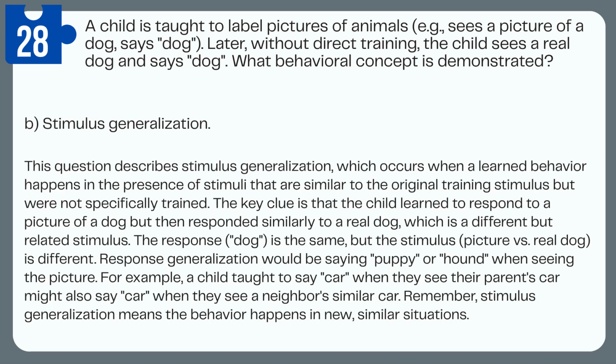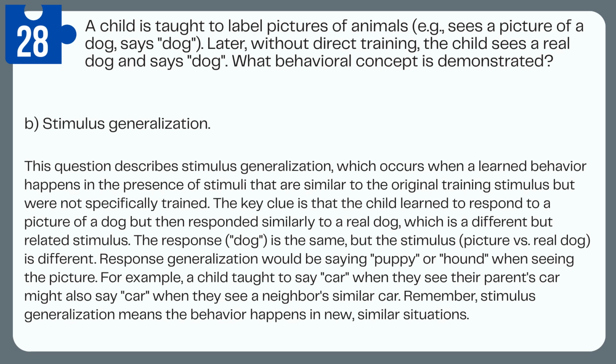Answer. B. Stimulus generalization. This question describes stimulus generalization, which occurs when a learned behavior happens in the presence of stimuli that are similar to the original training stimulus but were not specifically trained. The key clue is that the child learned to respond to a picture of a dog, but then responded similarly to a real dog, which is a different but related stimulus.